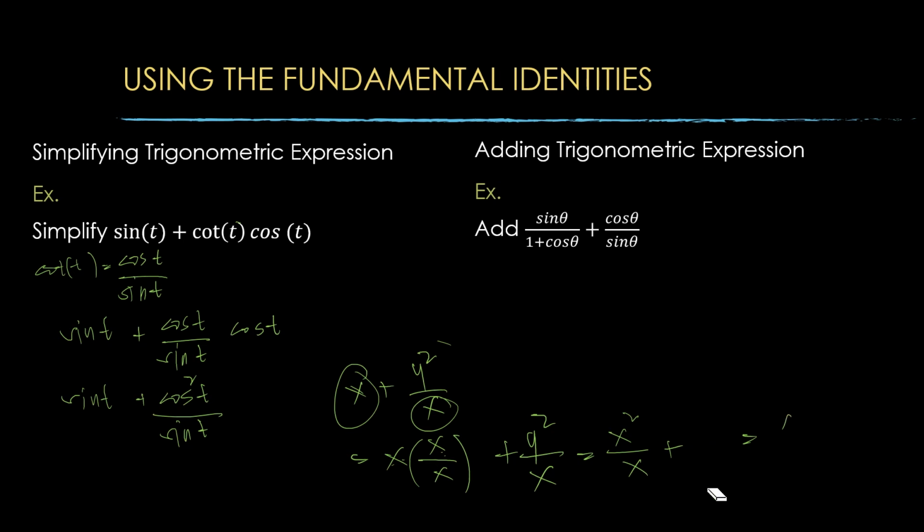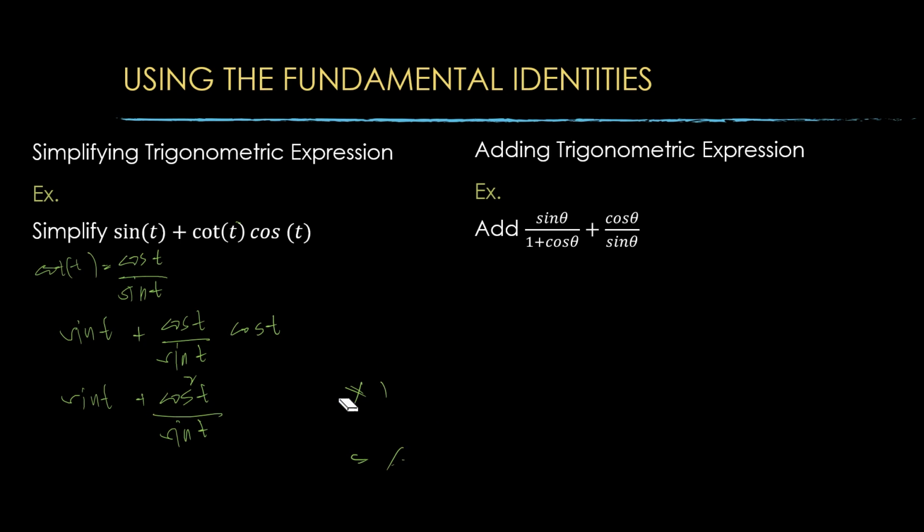So if you use that idea in the example, it will look similar to this one. If this is sine, this will become sine squared. Sine t squared plus cosine of t squared over sine of t. But what is sine of t squared plus cosine of t squared? That is equal to 1, right?